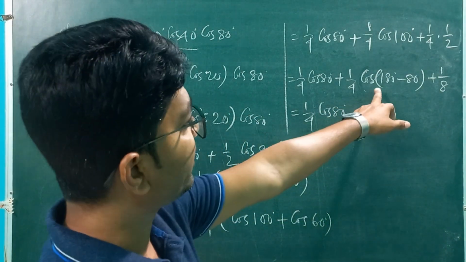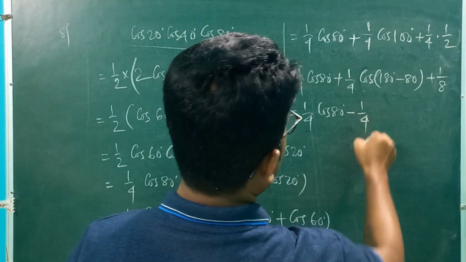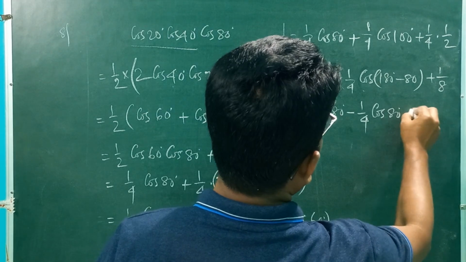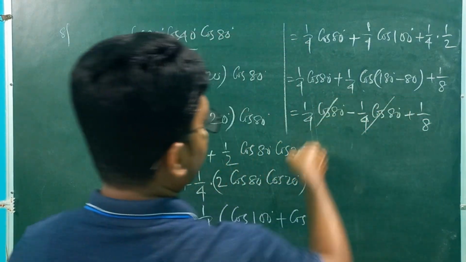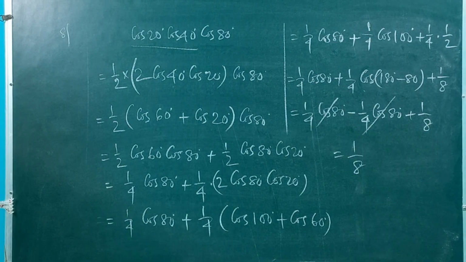This one is in the second quadrant, and in the second quadrant cos is negative, so here minus 1 by 4 cos 80. So this will cancel, and the result you get is 1 by 8. So, clear to everyone?